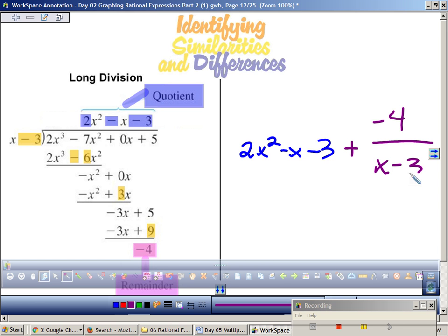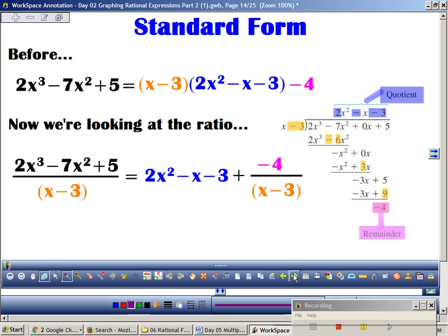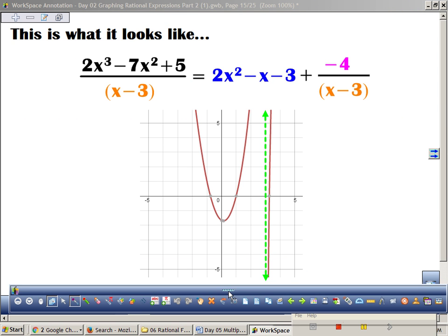So this graph right here actually looks like this. You ready for it? I think it's not this slide, it's the next one. So I showed the long division part, and the graph looks like that. There's an asymptote right here, you can kind of see it. The asymptote's at 3, so it's over 1, 2, 3, right?